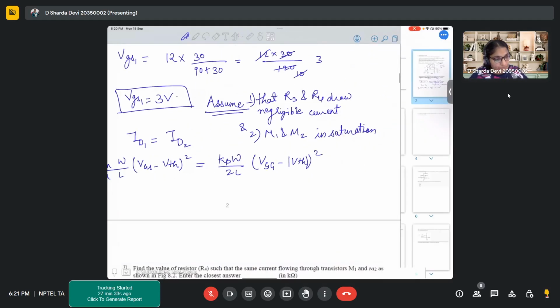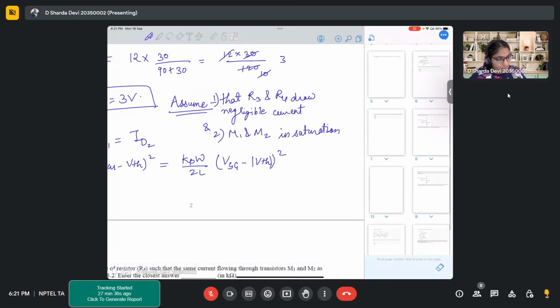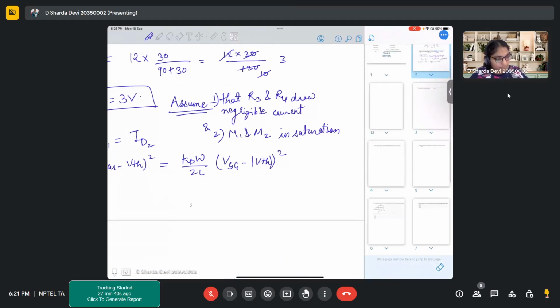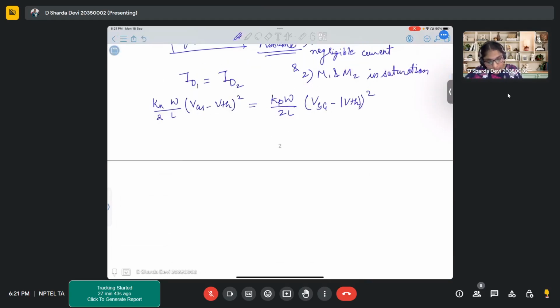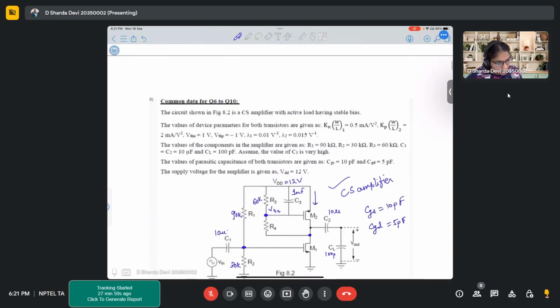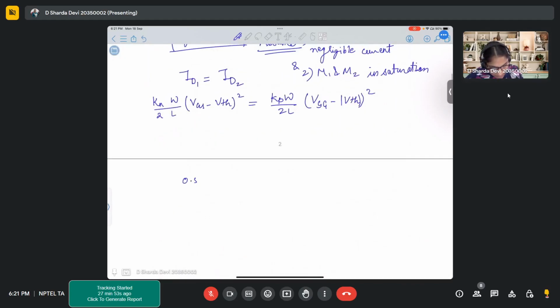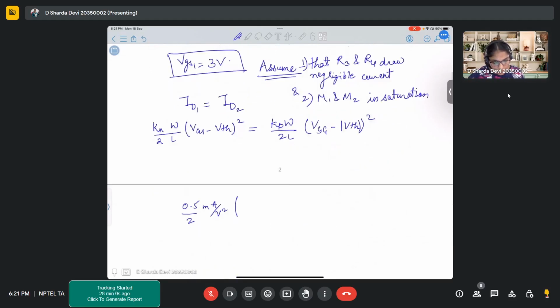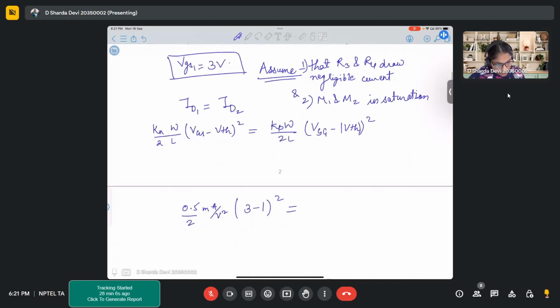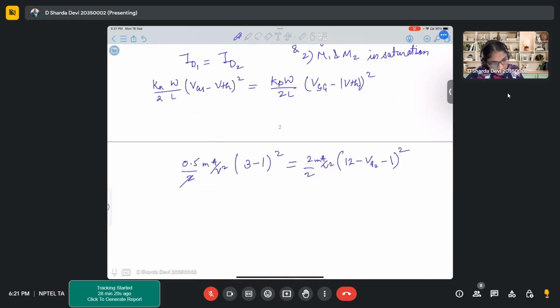Now here, substituting the values, 7.5, VGS 3 volts minus 1 whole square is equal to Kp, that is 2 milliamperes per volt square by 2, VSG, so that is 12 minus VG2 minus 1 whole square. Kp cancels.